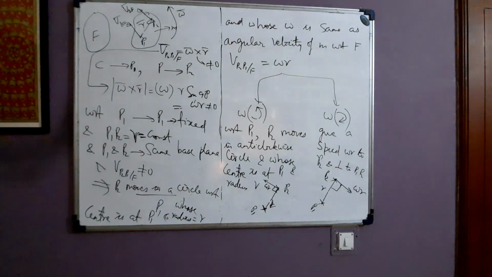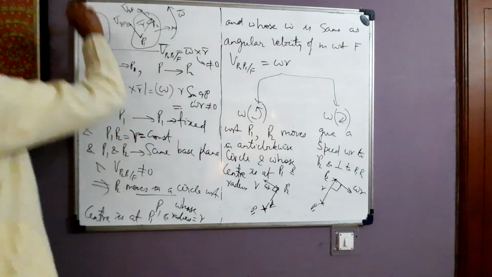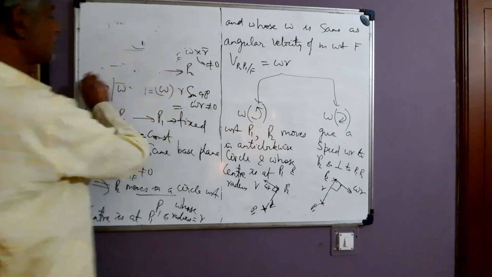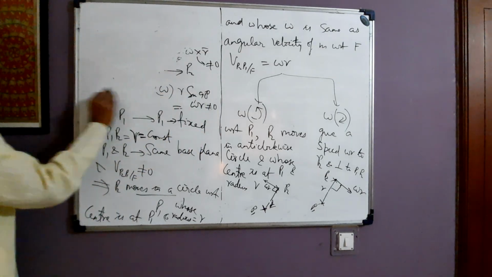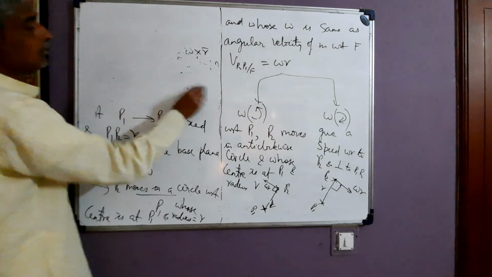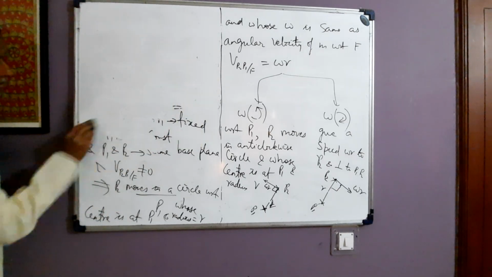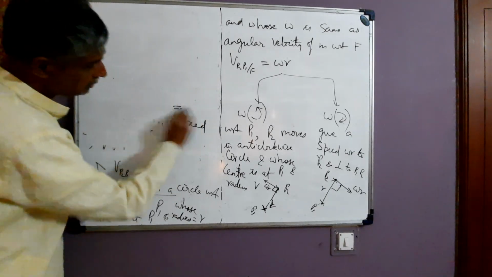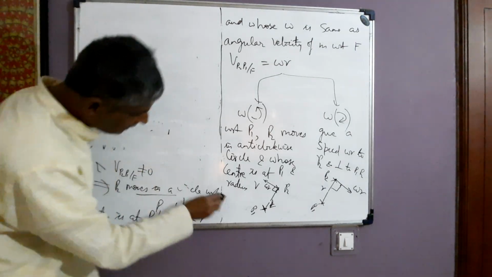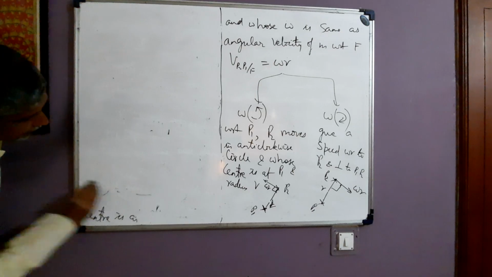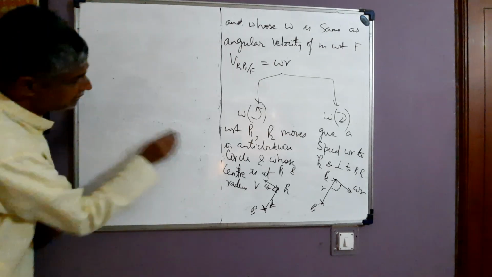Alright. So what is the second action which we are going to take? The second action will be, we give a speed omega r to P2 at right angles to P1 P2, corresponding to the sense of omega of M with respect to F.